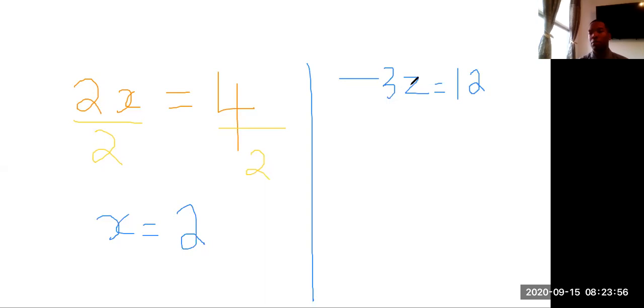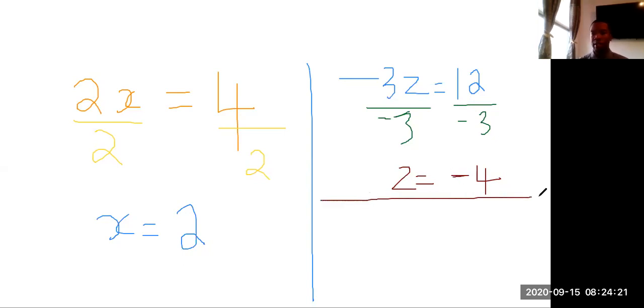So in order to do that, and this is multiplying z, I need to divide by negative 3 because it's multiplying. So then I divide, I do the inverse. And then whatever I do on one side, sure enough, got to do it on the other side. So z is equal to, so 12 divided by 3 is 4, but a positive number divided by a negative number is -4. Let's do one more quick example.